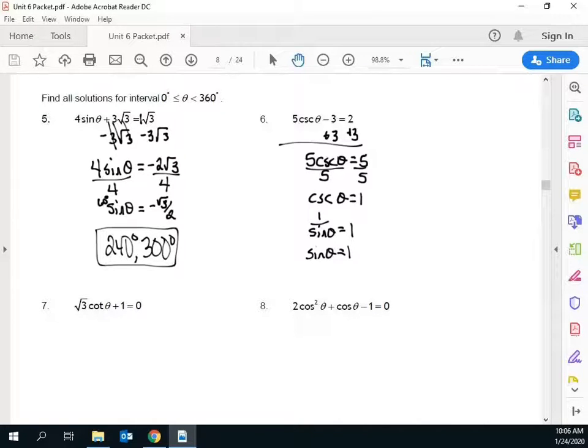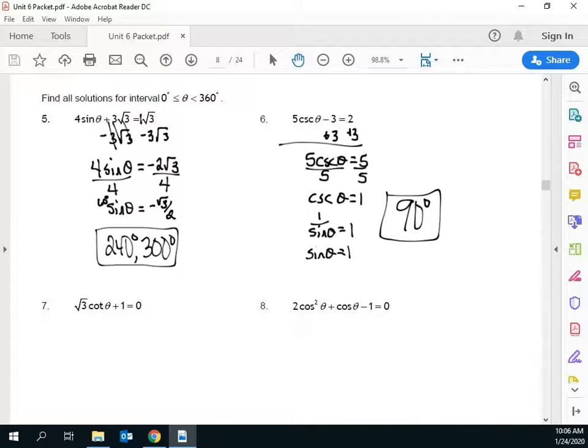Pi over 2. One and done on that one. Why is it pi over 2? Oh, is it in degrees? That's a good question. Nope. That's right. We got points off on that one.